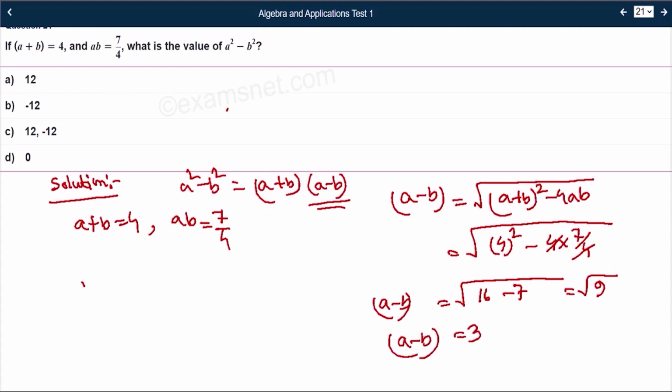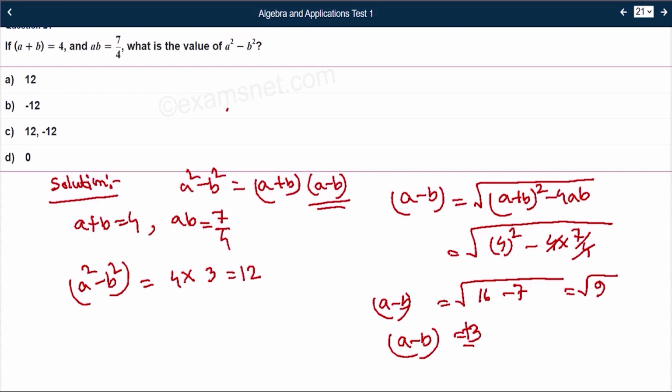Now we can easily put all these values to find the value of a square minus b square. 4 times 3, so it's 12, correct. Now one more thing: look, root under 9, we can write it as plus minus 3.